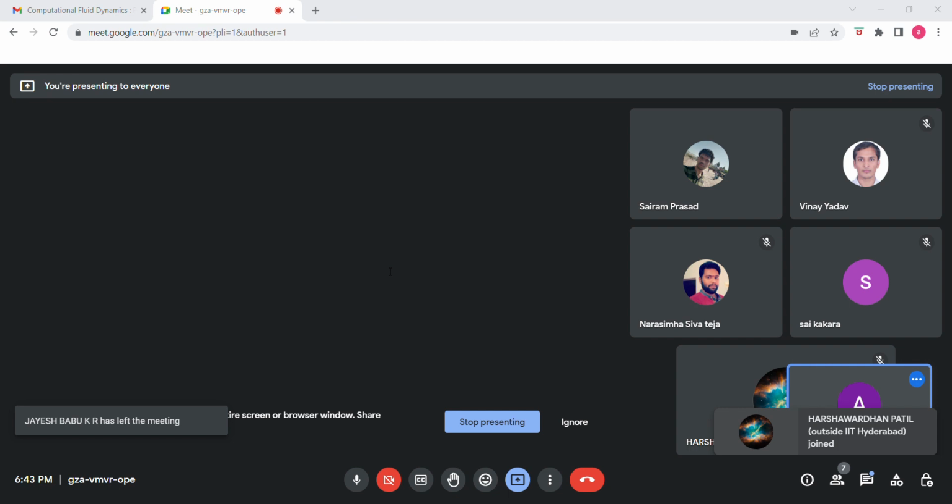So for example, we'll consider dou u by dou x. Basically, when we are using finite difference approximation and discretizing it, we'll expand this.